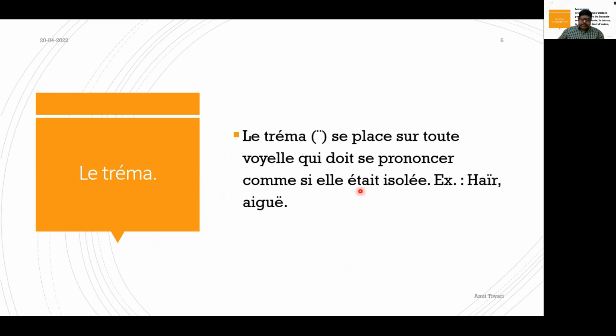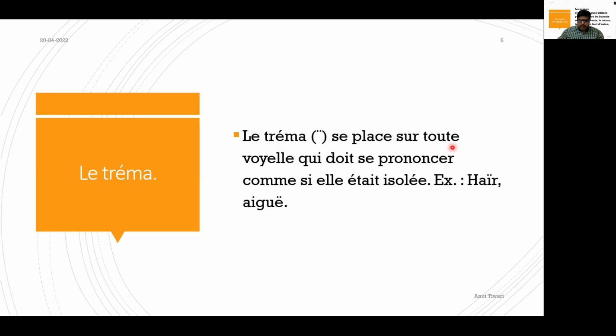Le tréma is a sign which is like two dots placed side by side. It is put on vowels like I, like E. These are the signs like that.